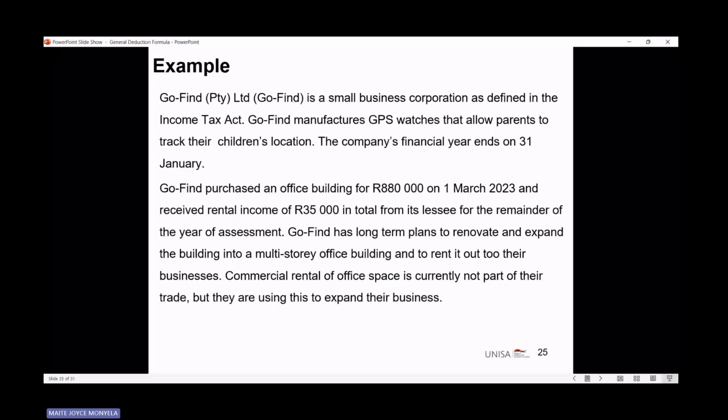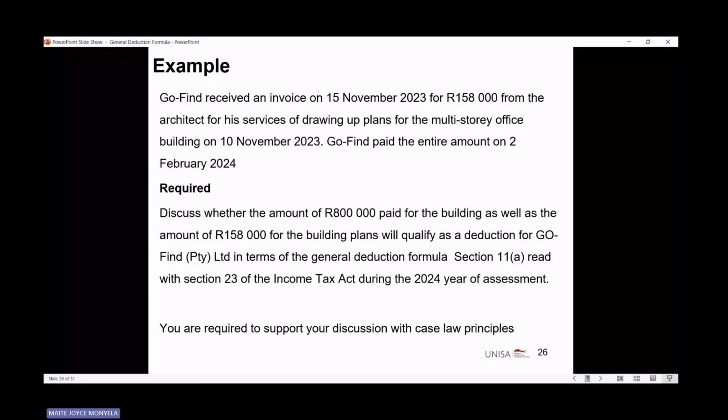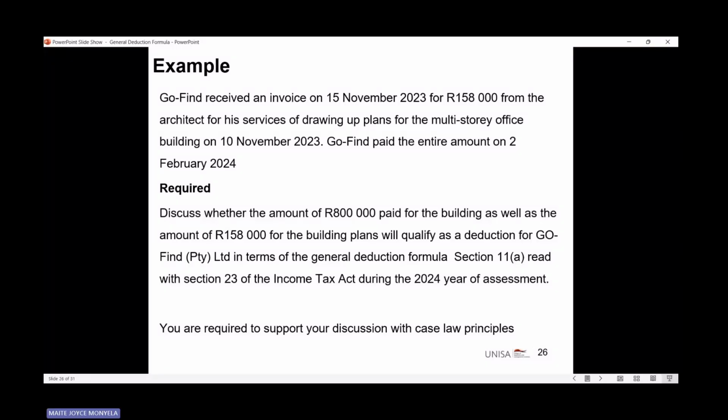And another one, they received an invoice on 15 March for 158,000 from architecture for drawing up a plan. They paid the entire amount in February 2024.